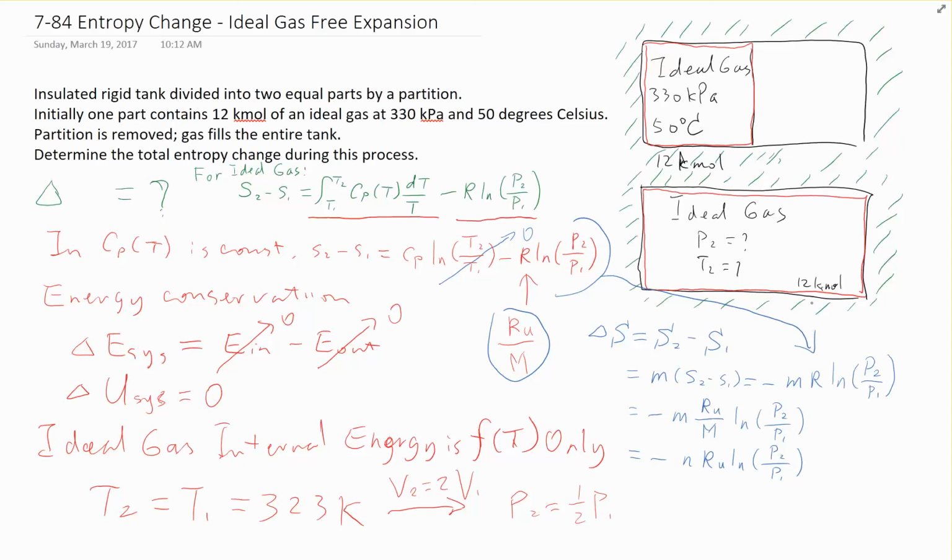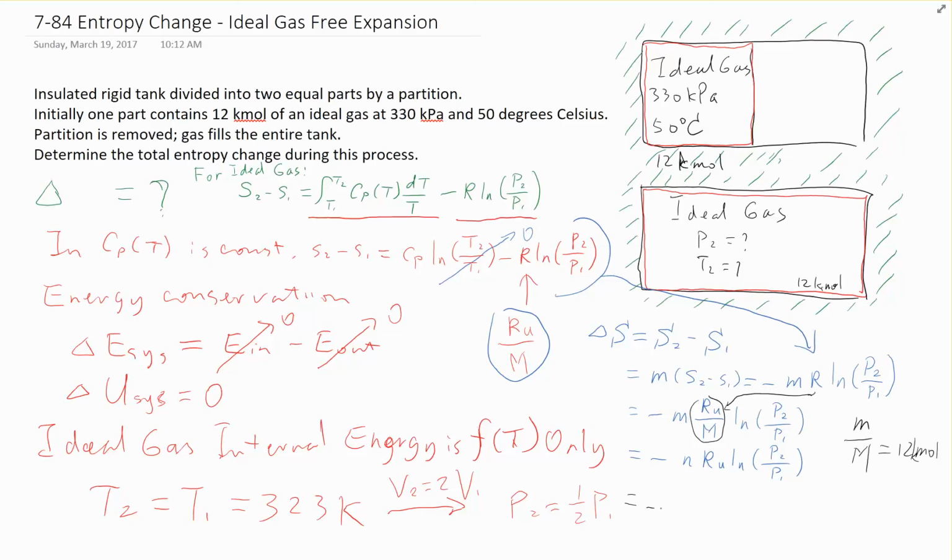Now let's recognize that the gas constant is equal to this ratio, and the mass m over capital M is equal to 12 kilomoles for this problem. And then we have this final result.